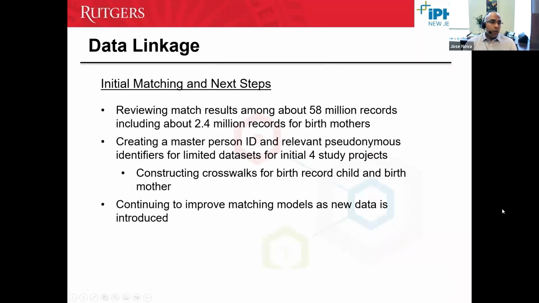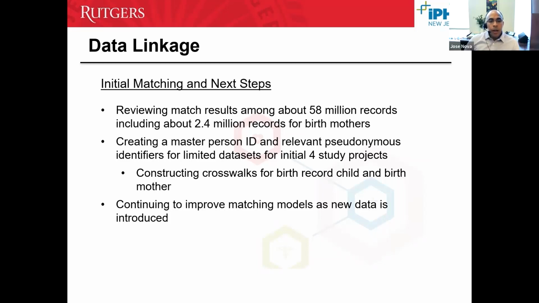So where we are with our matching: this was our first go-around with the initial matching. We have reviewed about 58 million records from our data sources, and this includes about 2.4 million records for birth mothers.